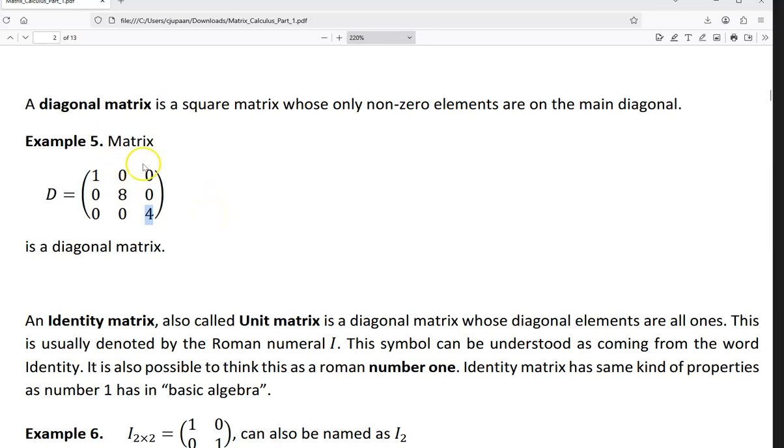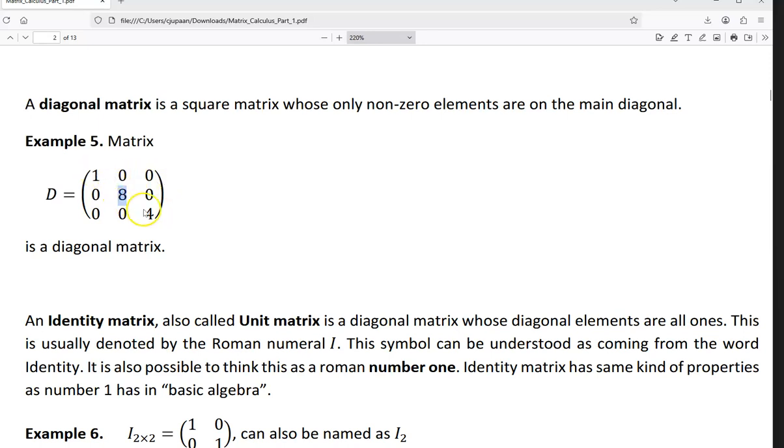If you read this carefully, it says the only non-zero elements are on the main diagonal. That does not say that you can't have zeros in the main diagonal, but it means that in every other place than the main diagonal you have to have zeros.